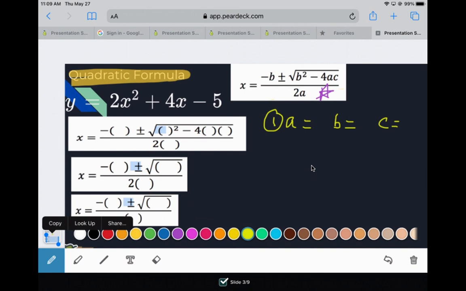So step number one, we identify our A, B, and C. Can someone tell me what A, B, and C are? What values are those? Look at the equation given to you.